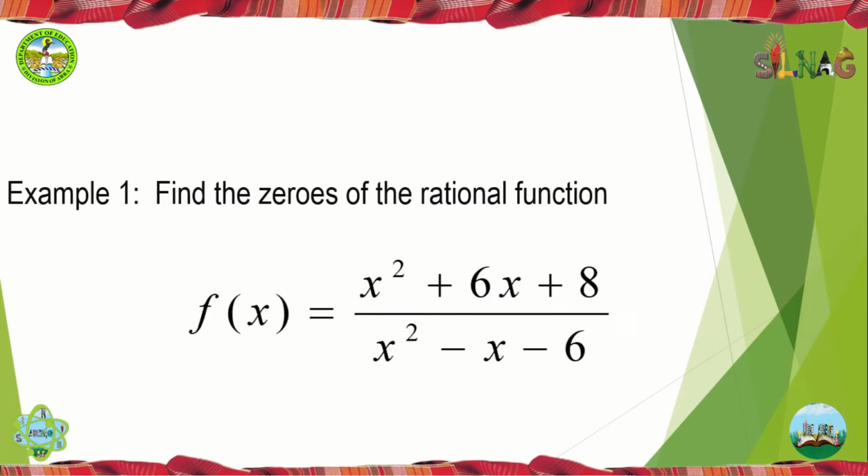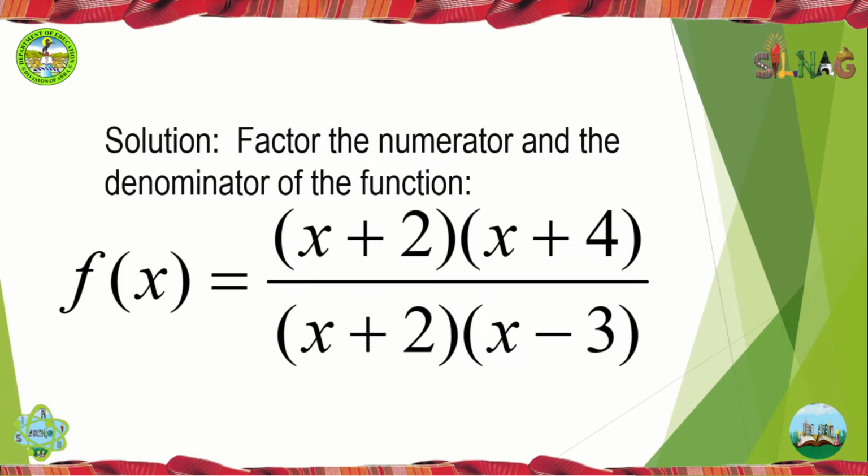Let us have our example number 1. Find the zeros of the rational function f of x is equal to x squared plus 6x plus 8 over x squared minus x minus 6. So the first step is we have to factor the numerator and the denominator of the function.